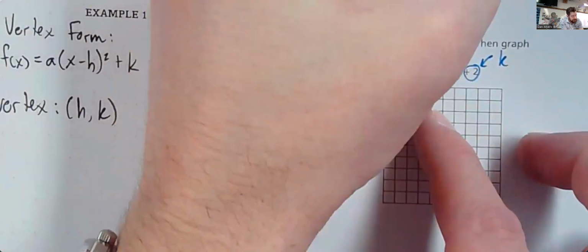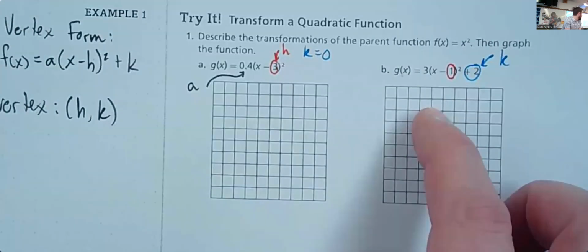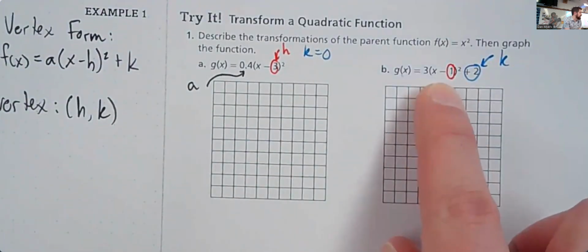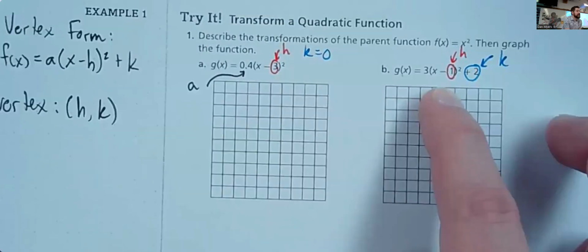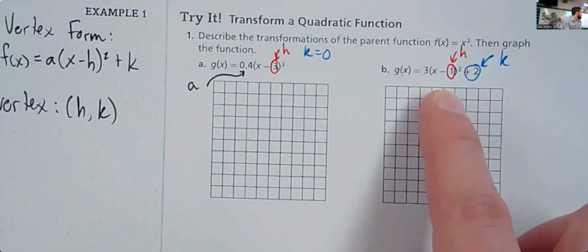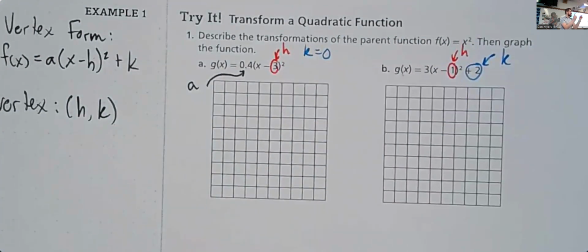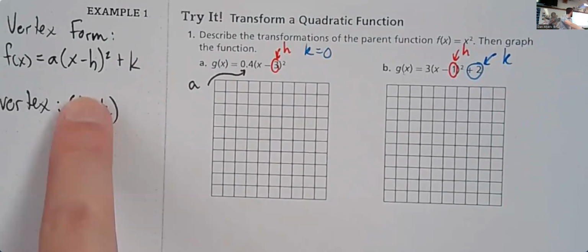Good. Now, if the parentheses said +1, what would h be equal to? If this is a +1 in here, what would h equal? It'd be -1, yeah. Remember when we've got things inside parentheses, it's kind of like the opposite of what you'd expect, and that has to do with the function over here.